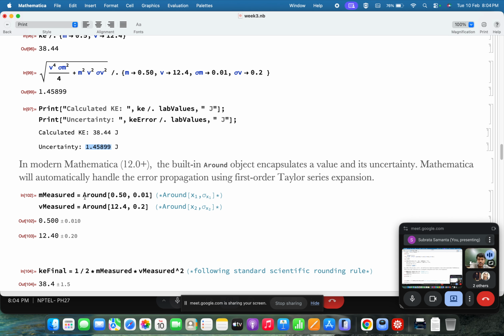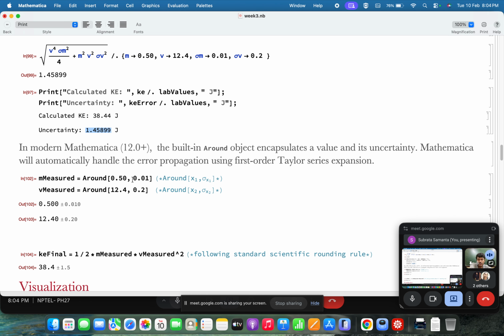But if you use the around function to assign the variables, the value and the errors in a combined form, then you can just calculate this by multiplying these two numbers with errors. They use some first order Taylor series expansion. You can calculate this. Yeah, any question?